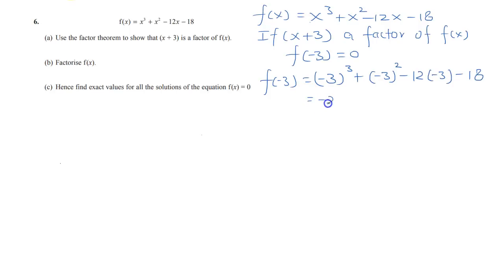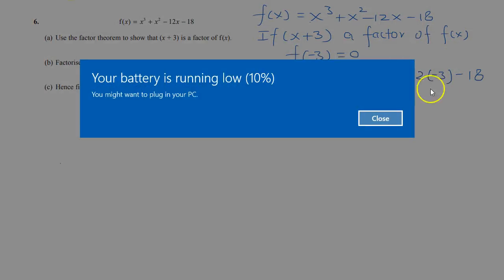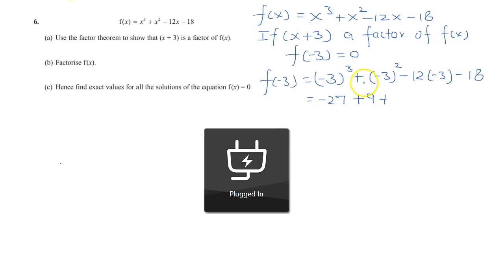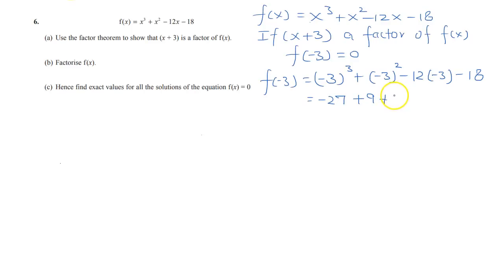So that is negative 27 plus 9 plus 36 minus 18. This is plus 9, this is plus 36.